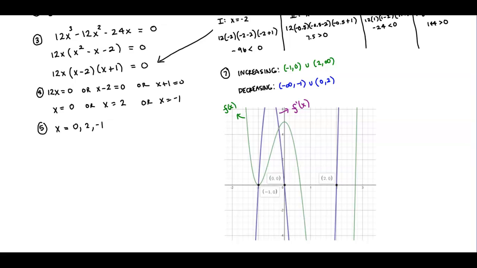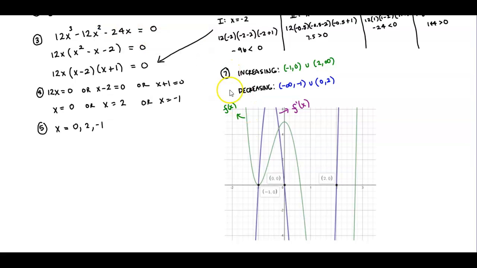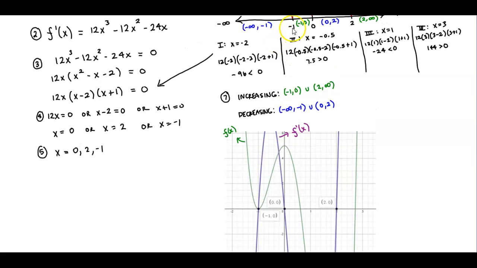What we want to determine is where the regular function is increasing and where it is decreasing. Here's our function f of x. You can see that it starts to decrease, and then over here it starts to increase. There's a value in its derivative that we found to be negative 1, and that gave us this first value of negative 1.